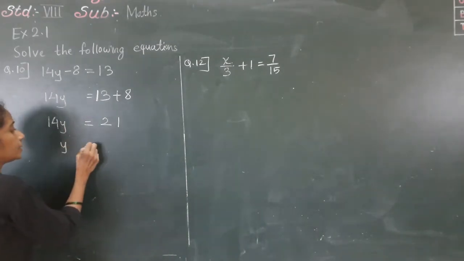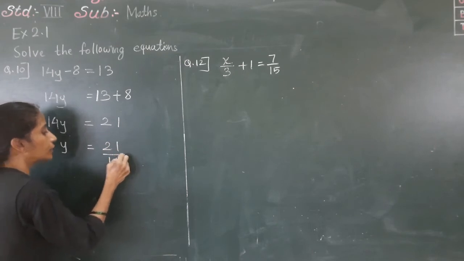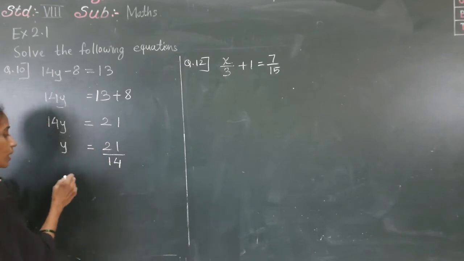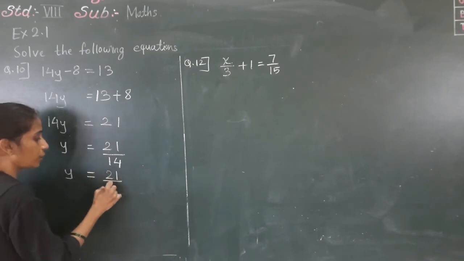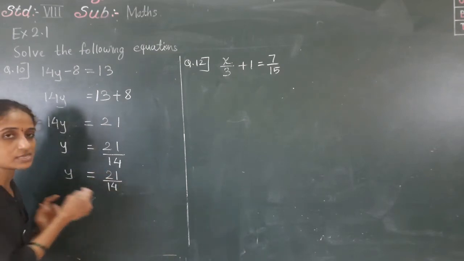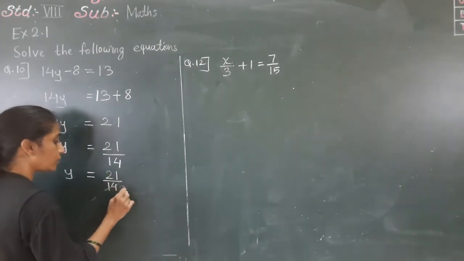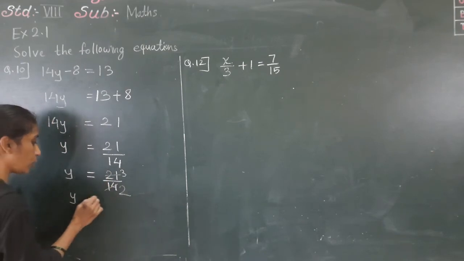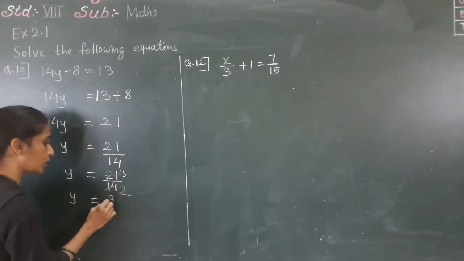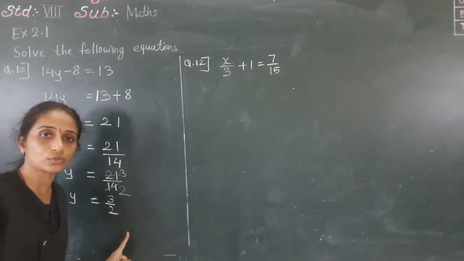So y is equal to 21 divided by 14. Now both the numbers are divisible by 7. Both numbers come in the 7 table. 7 2s are 14, 7 3s are 21. So what answer did we get? Y is equal to 3 upon 2.